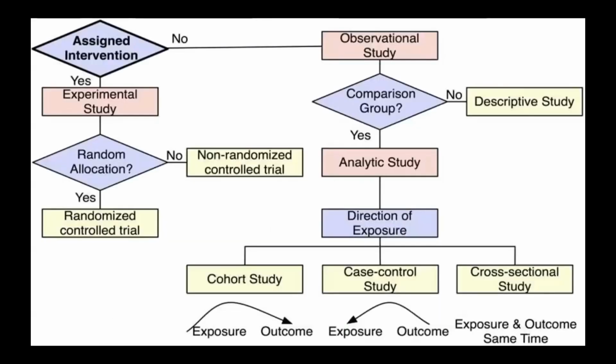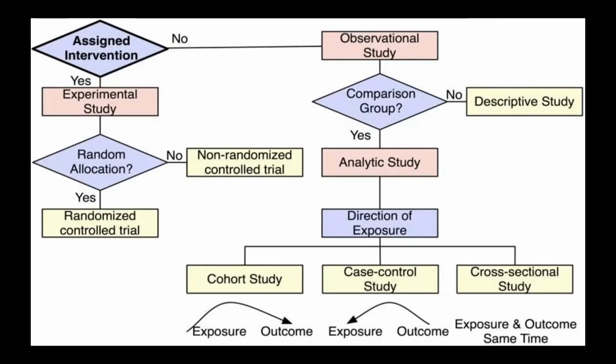There is another beautiful way of this classification: if you assign the intervention, yes or no. If yes, then it is an experimental study. Randomized allocation, yes or no. If no, then it's called a non-randomized trial or quasi-trial study.